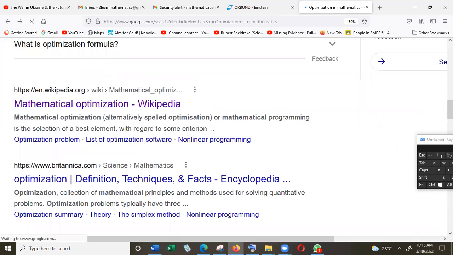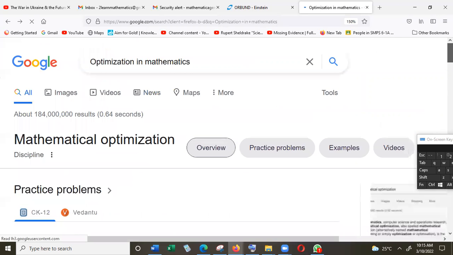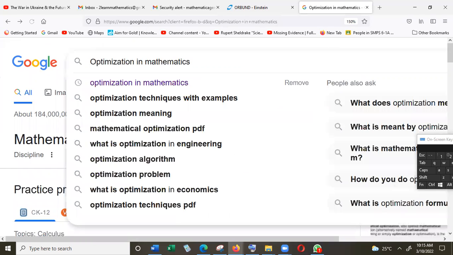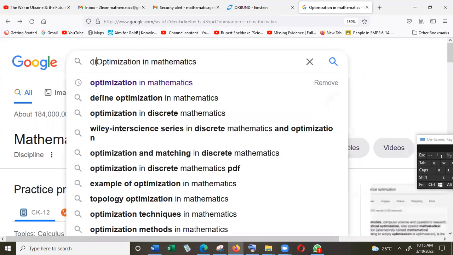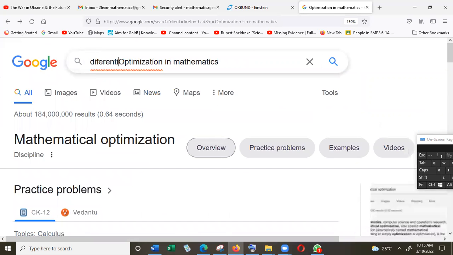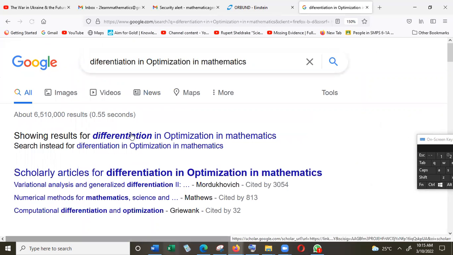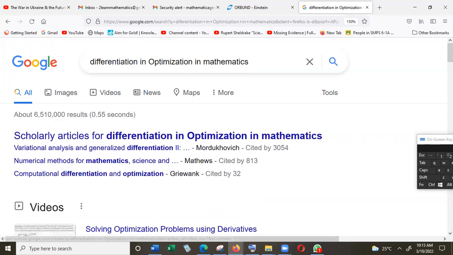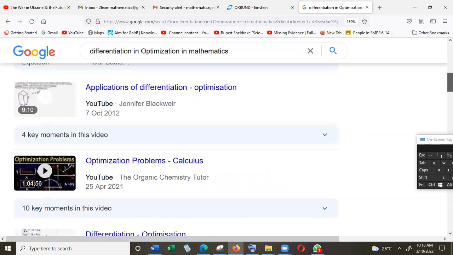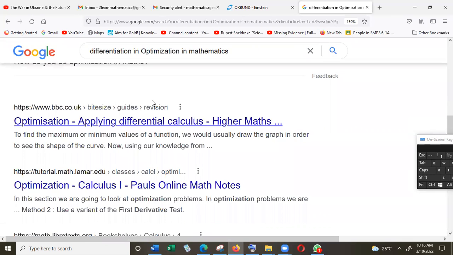And just to specify a little bit, you can type differentiation optimization. And you have some videos on applying differential calculus in optimization.